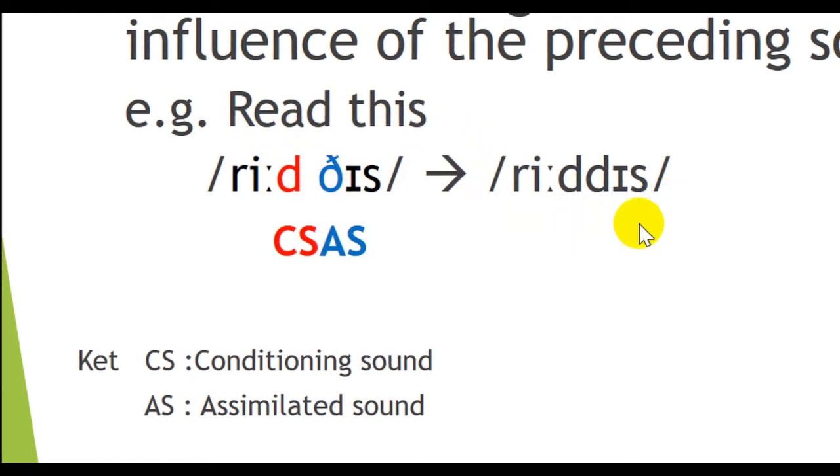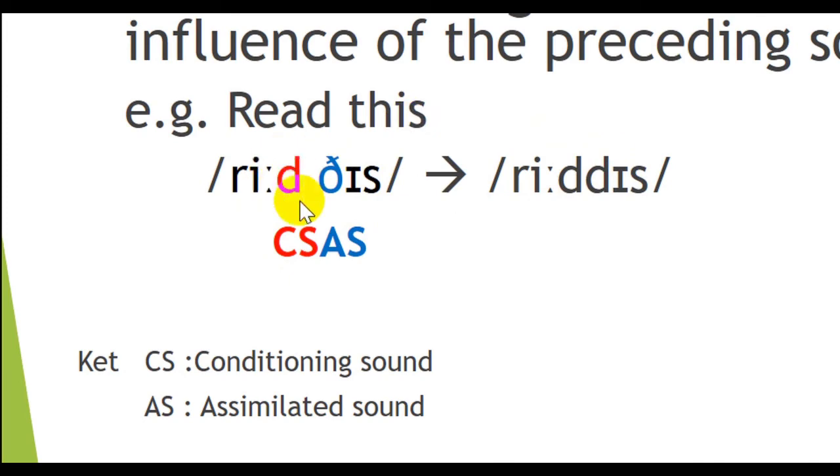Yeah, "read dis," even though it's supposed to be with th, but they pronounce it with d. Why? Because it's a lot easier. Okay, the alveolar, they change the th into the d. The th becomes the d because of the sound d. So the change is here. The th becomes the d because of the preceding d.